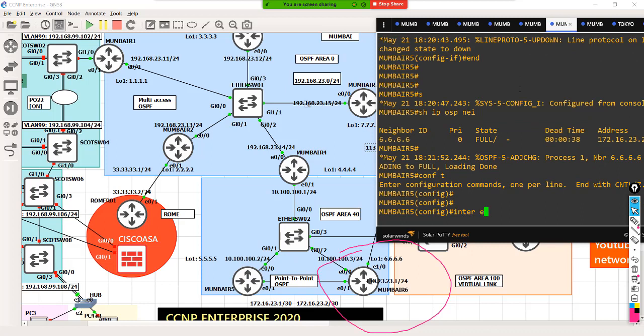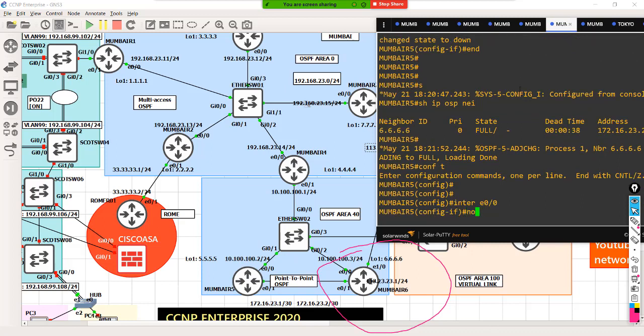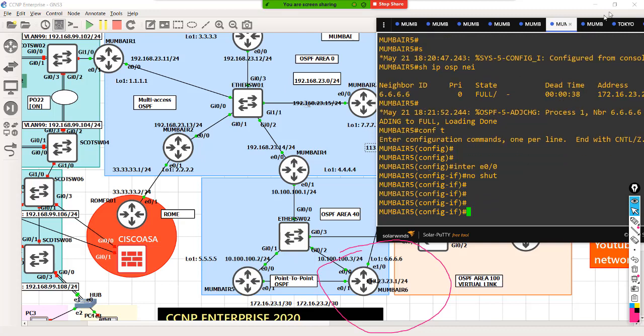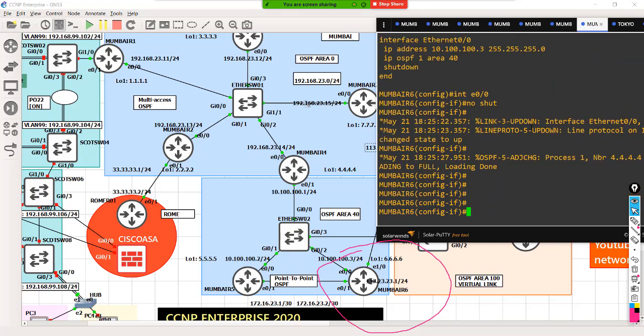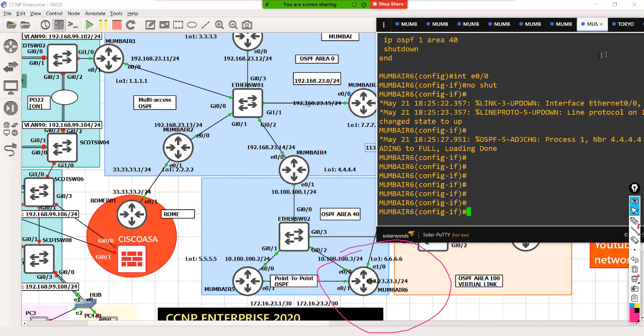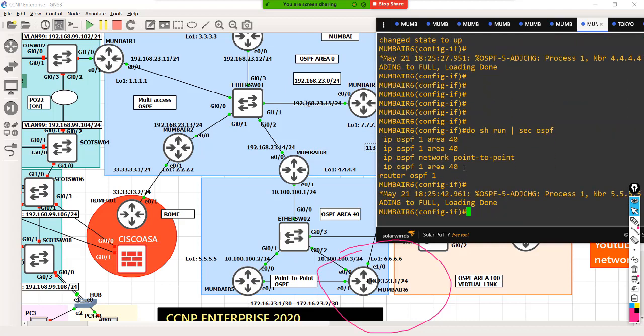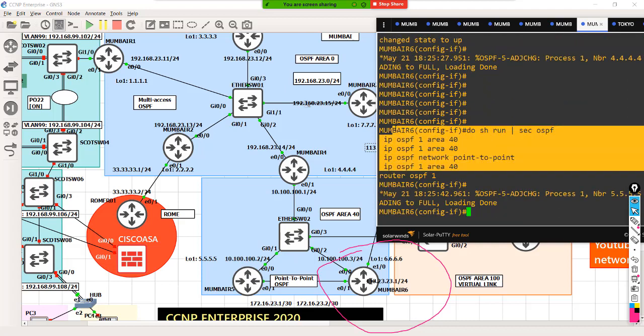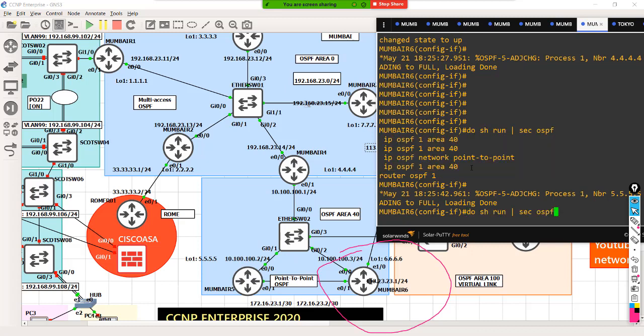Okay, so this interface was shut down to show you the point to point scenario. Okay, so on Mumbai router 6, I need to configure the routing process. So I have the routing process. What about EIGRP?